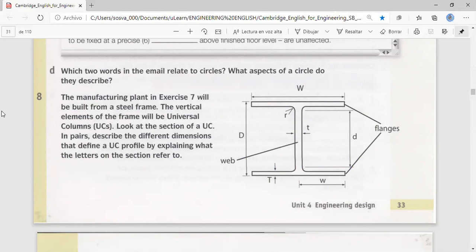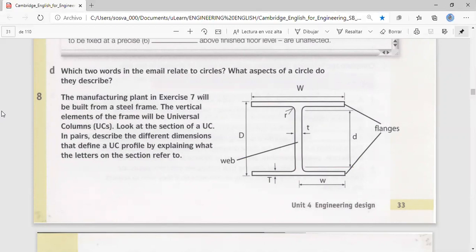You see, you have a capital W and a normal small w. Sometimes you have the point in the middle, it's the web, and you have a capital D and a small d. You see?